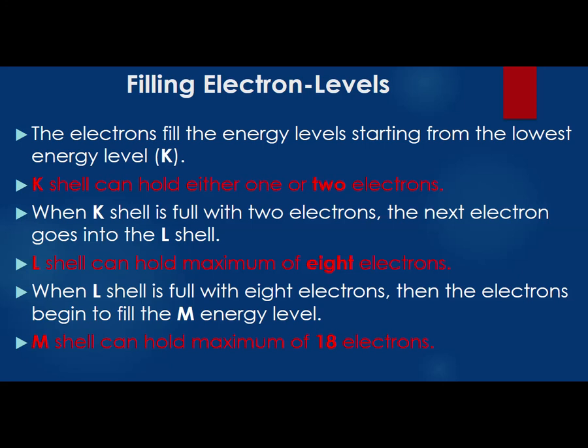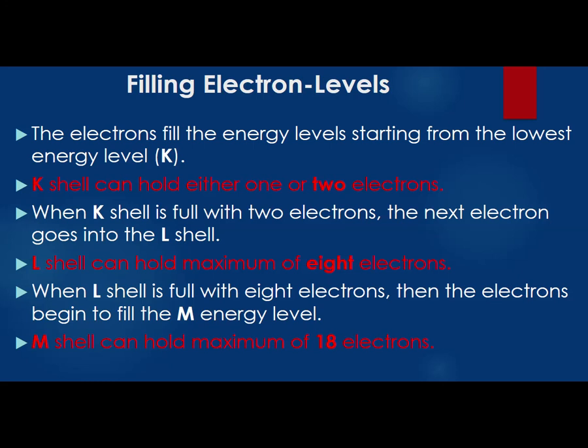If we had any atom or any element which has 3 electrons, then the third electron will move to the next shell, because K can only hold 2 electrons, not more than this. When the K shell is full with 2 electrons, the next electron goes in the L shell.